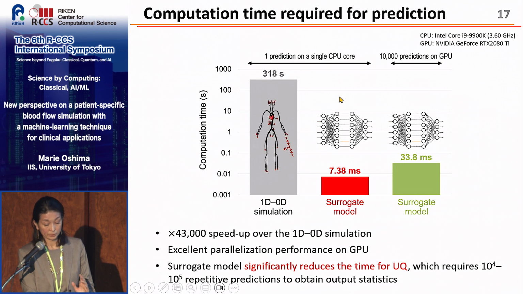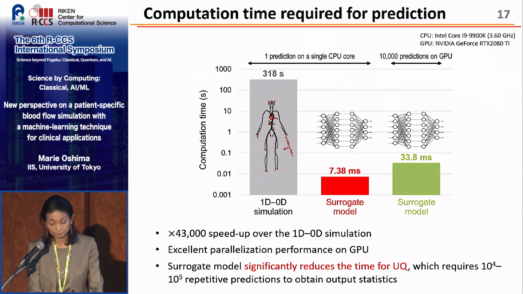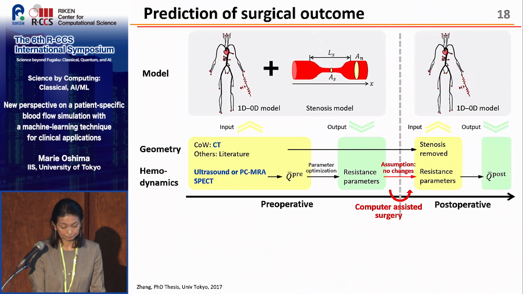But once we have a surrogate model, the computer time comes down to about 7 milliseconds. So the surrogate model will give you an answer very quickly, and it can also be done in parallel. So using a GPU, we can conduct the uncertainty quantification in a very effective way.